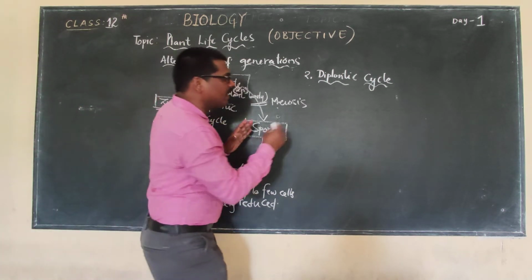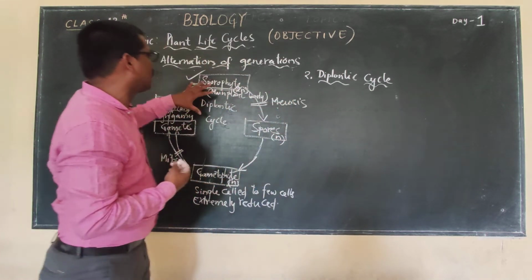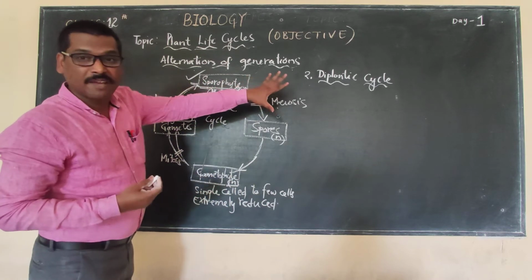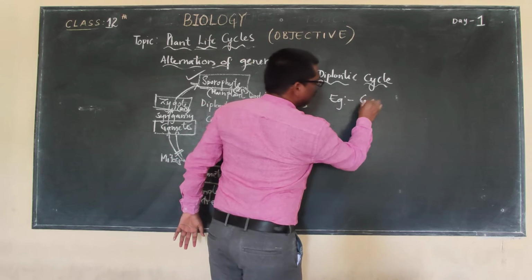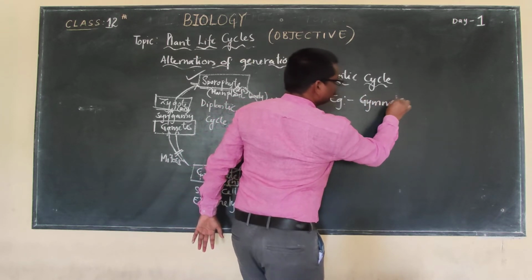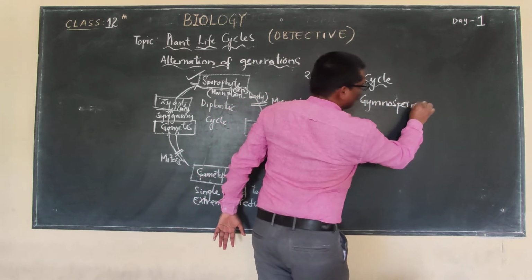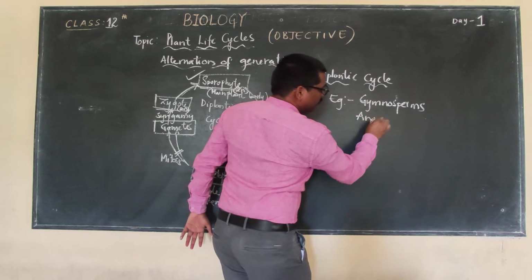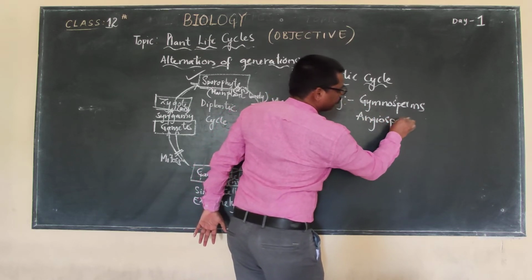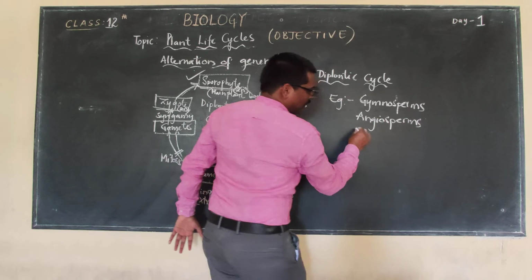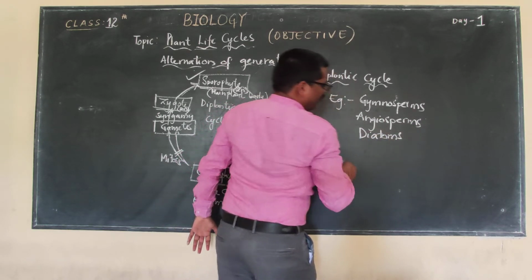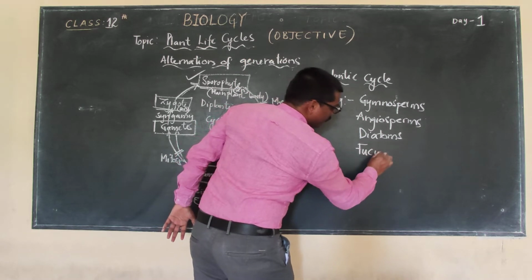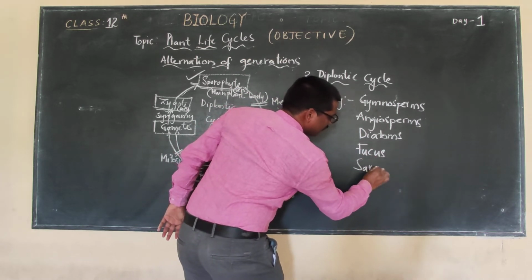So what are the best examples that come under the diplontic life cycle? We have to remember the best examples as gymnosperms, angiosperms, diatoms, and Fucus and Sargassum.